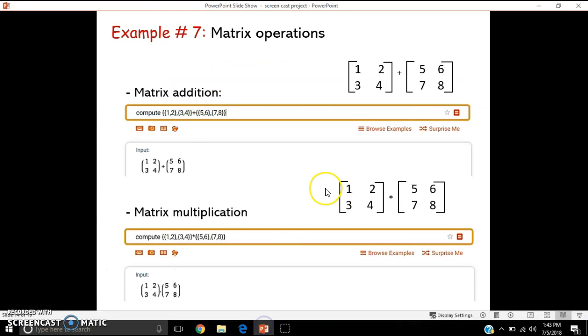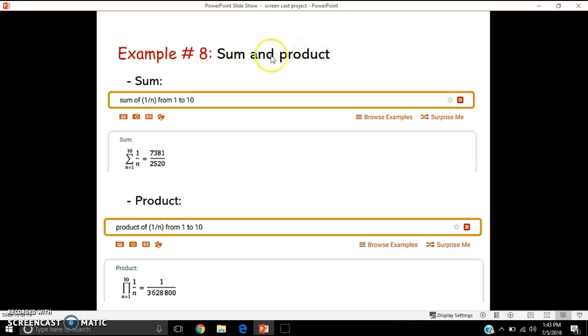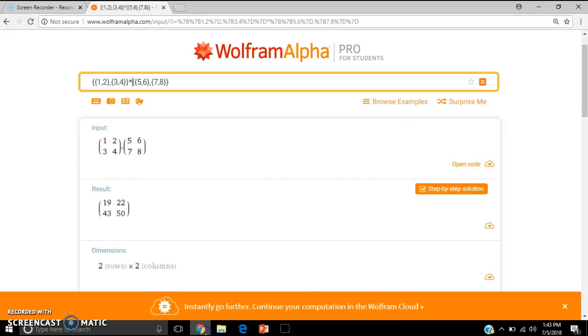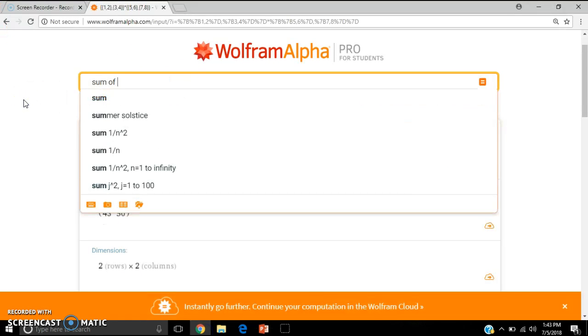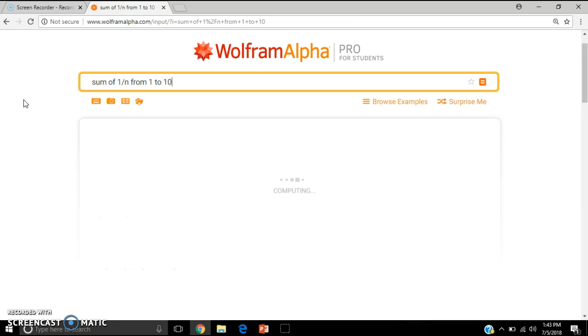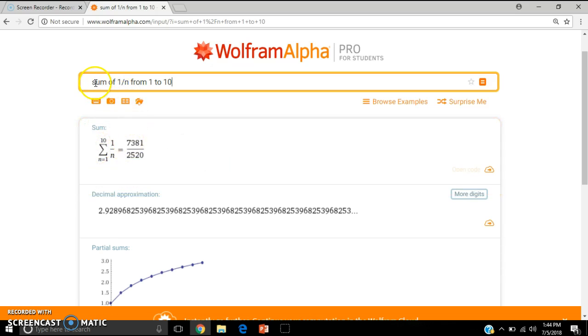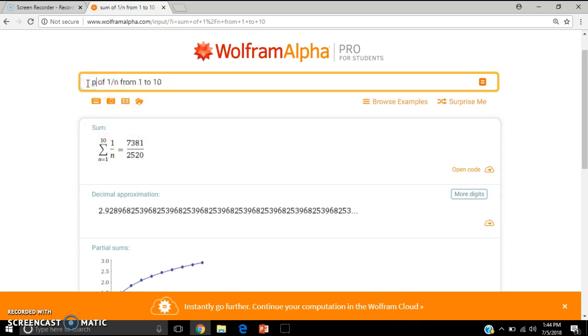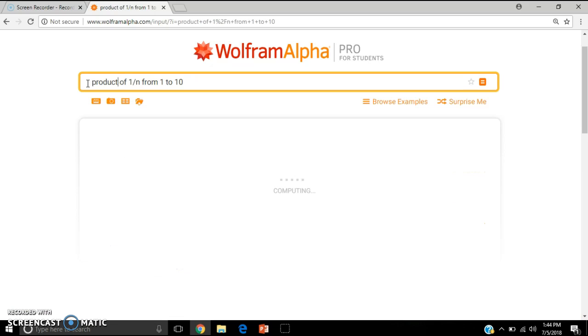Wolfram can also help us to find the product and the sum of a sequence. For example, I just need to type sum of 1 over n from 1 to 10. And it gives me the sum, or I can type the product instead to find the product.